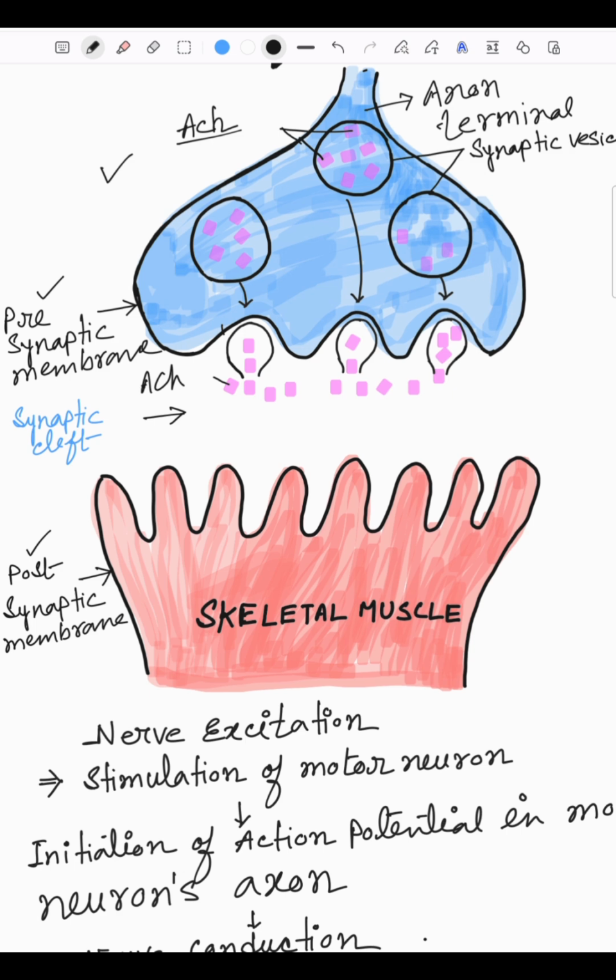Action potentials enable the transmission of information over long distances within the body, and they carry signals from sensory receptors to the brain and spinal cord and from the brain and spinal cord to the target organ, that is muscle.